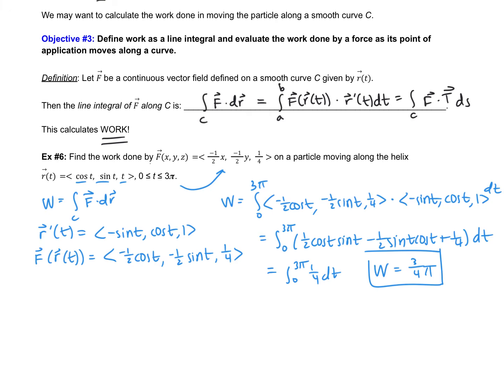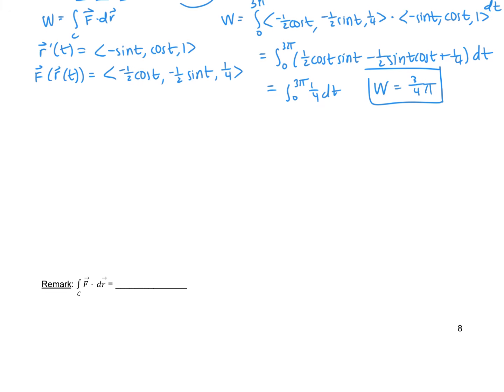Before we move on to our last two examples, there is a quick remark for you. Let's say we are calculating the line integral along the curve C of f dot dr. If we then go along the same curve but in the reverse direction, we are going to end up with the opposite sign.